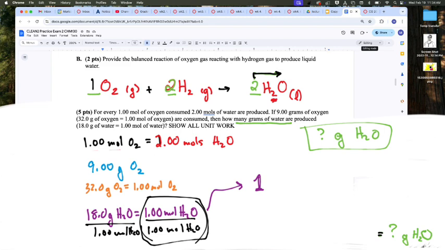Cool. Okay? Do I want to use this 1? Well, this 1 isn't particularly useful, but I know this 1 equals this. I also know, by dividing the other way, that I could get 1 mole of H2O over 18.0 grams of H2O. What does that equal?